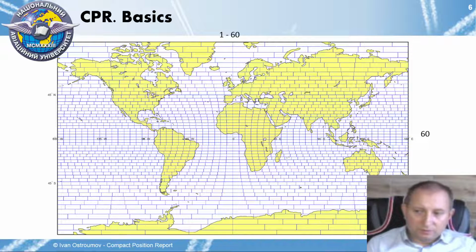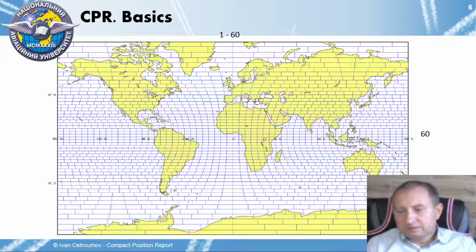And ADS-B uses CPR, or compact position reporting, approach to save space in the digital message which is transmitted from on board of the aircraft.